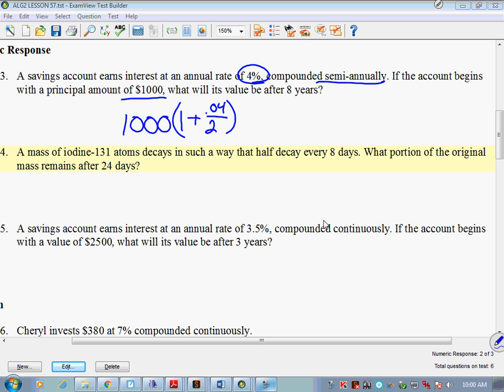And this is after 8 years, so the exponent is the rate at which it's compounded, which is 2, times my time, which is 8 years. And that's my formula for that.